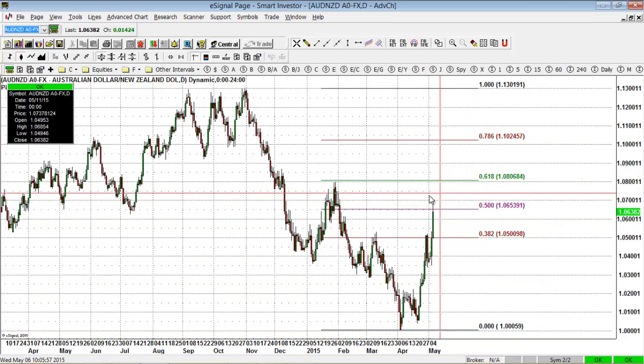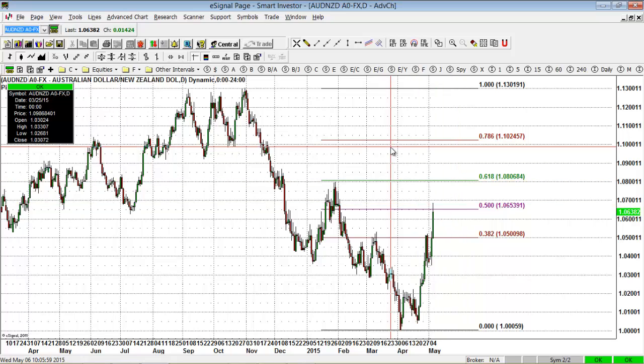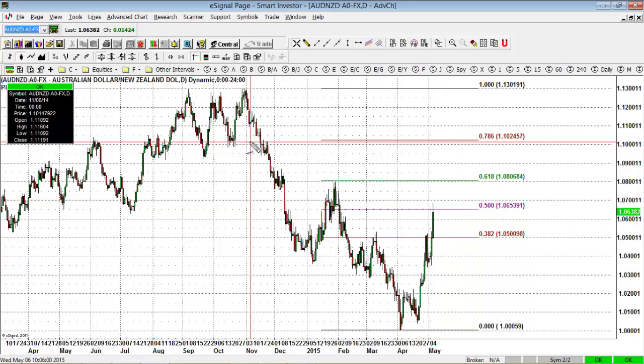The market is now coming up on the 50% retracement level, all the way from the swing high that was made in October, November of last year, to the swing low of April, and the 50% Fibonacci retracement is at 106.53. We could see a test of 106.53 and also 108.06 in the Australian dollar, New Zealand.